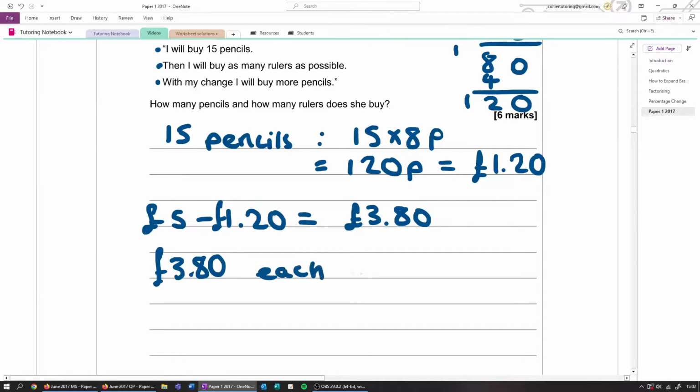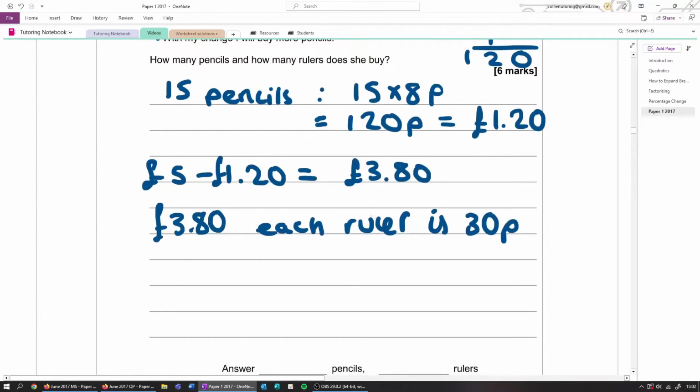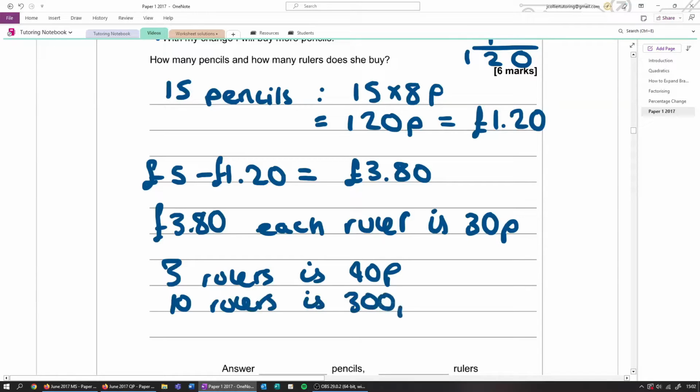So each ruler is 30p. Okay, so let's think about multiples of 30p and try to get close to this number. So let's say 3 rulers is 90p. Okay, we know 10 rulers is going to be exactly £3, which is 300p.